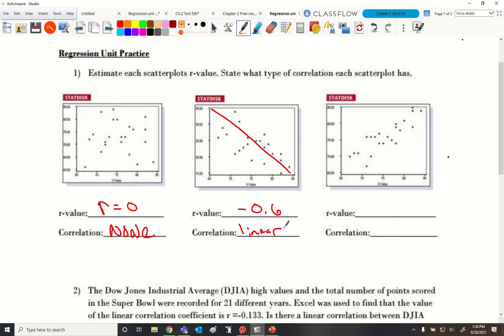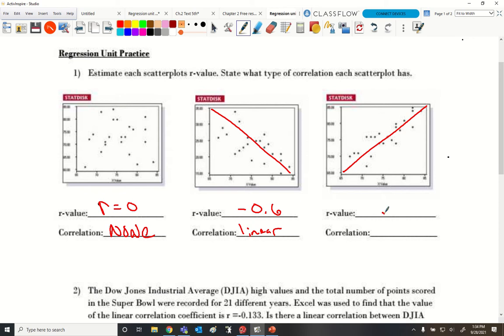Now, this third one here. Can I draw a line through that? Yeah, okay. I could draw a line pretty good through there. What do you say that R value is? Is this R value better than the previous one? Yes. Okay, I say yes too. So what do you say my percentage of this one would be? 80?